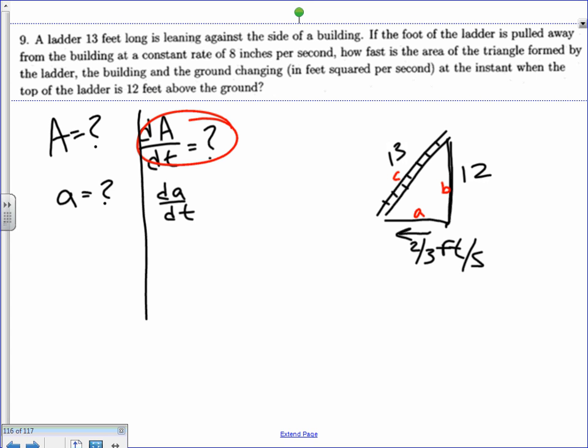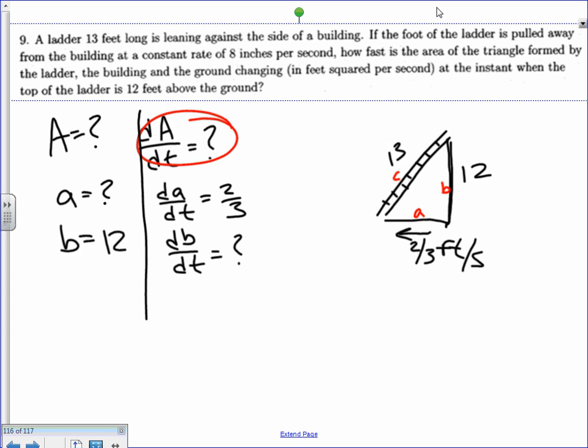You might find it a little bit confusing, but it's actually not that uncommon in mathematics to use the same letter, lowercase and uppercase, to represent two different things. Okay, dA/dt is 2/3 because I converted everything to feet. And then B is 12. And dB/dt is, well, I don't know that one.